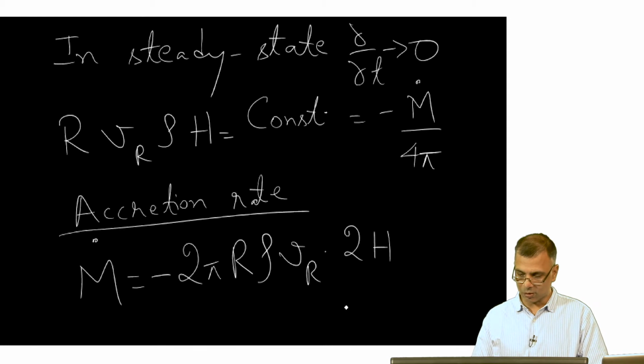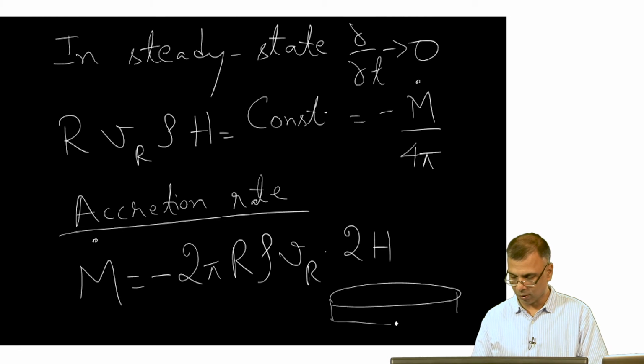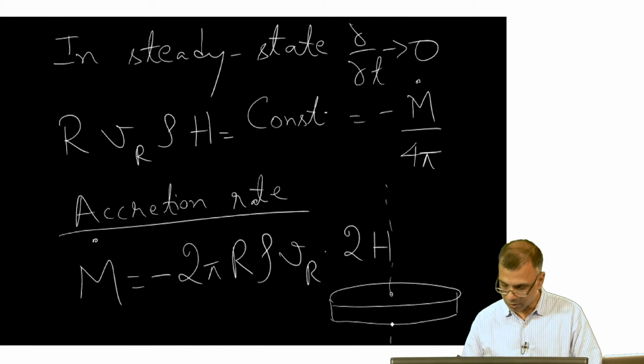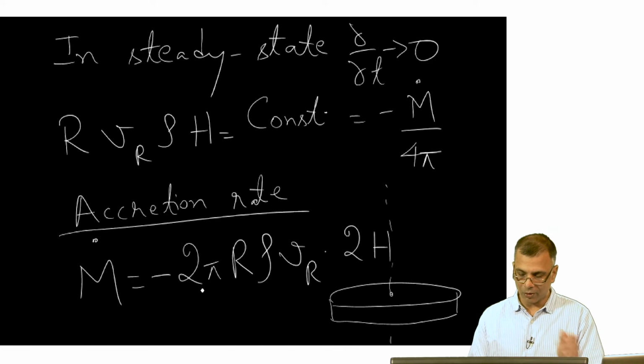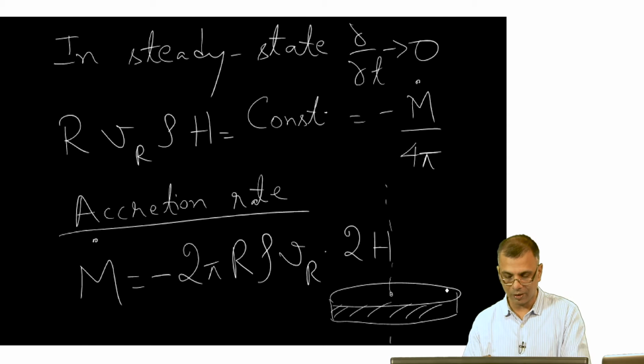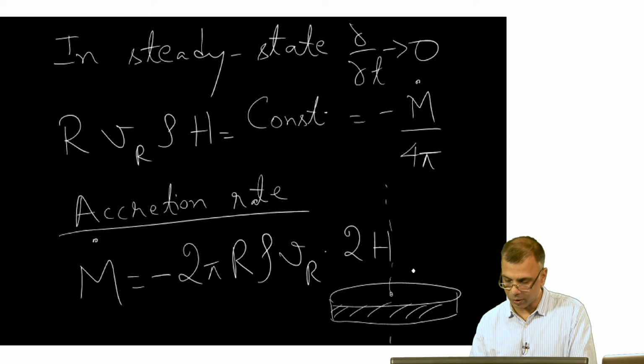And so, what does this really represent? Consider a disk, like that, and there is a central object, and so that would be the axis. And so, what this is essentially saying is that, you see, what is the surface area of the side of the disk? That would be 2 pi r, where this would be r, of course.